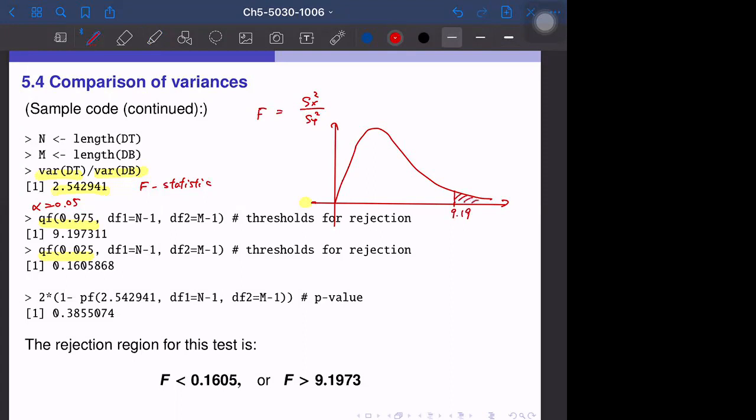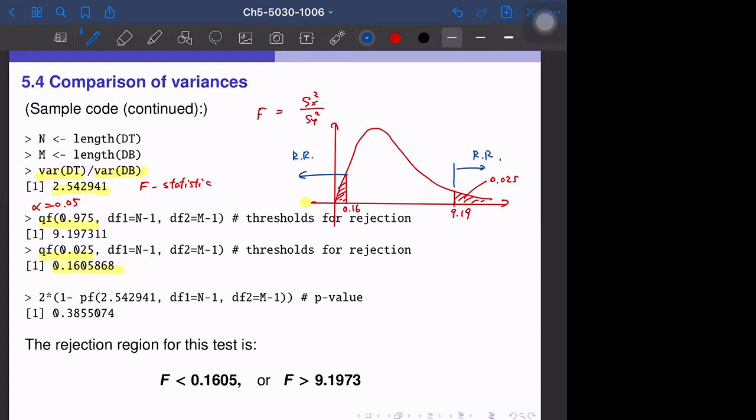So this is 0.025. And the other way around is here. So this point is 0.16. So the rejection region is here and here.